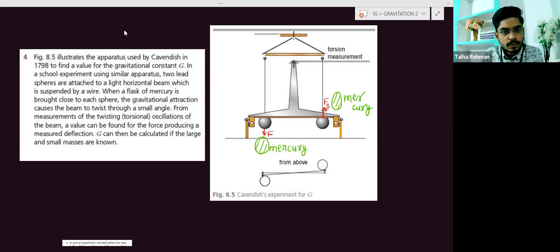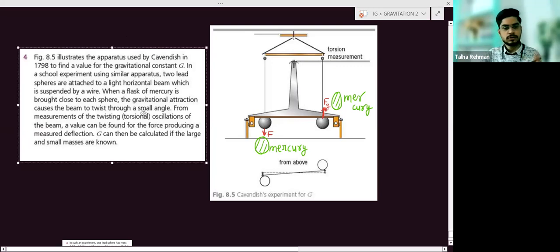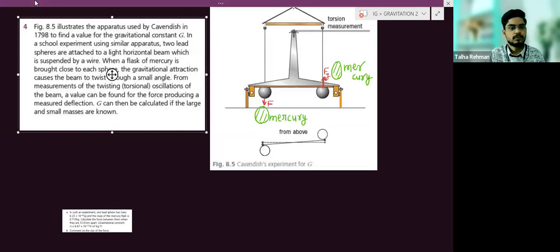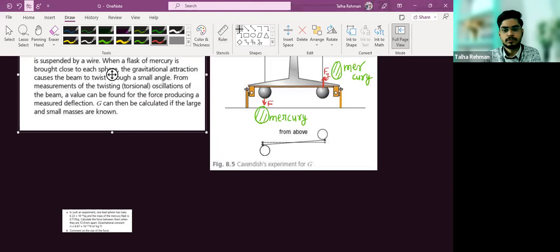So now twist through a small angle. Basically, this is the case. Talking about this, this is like this.